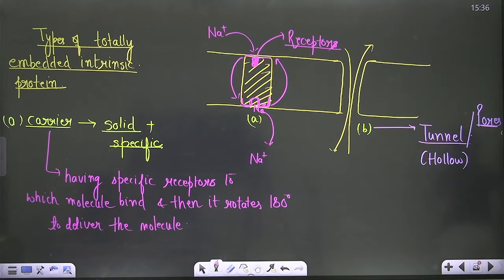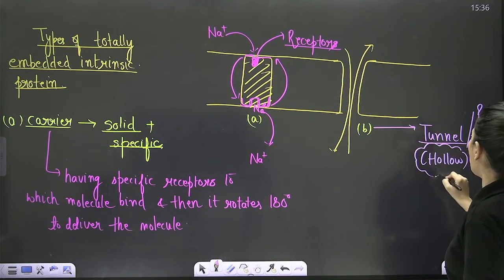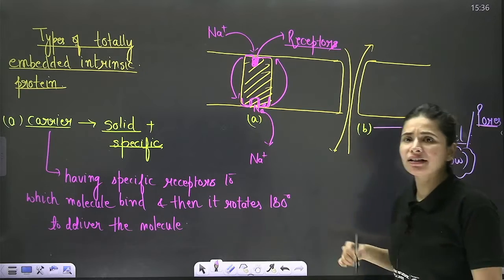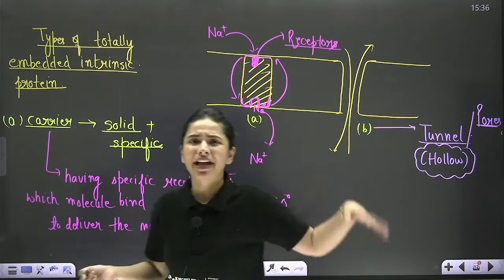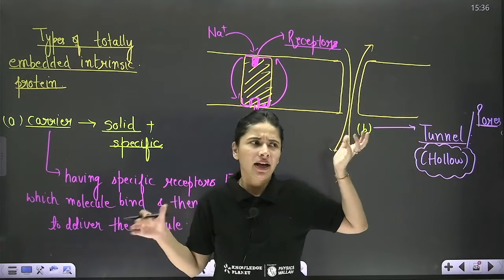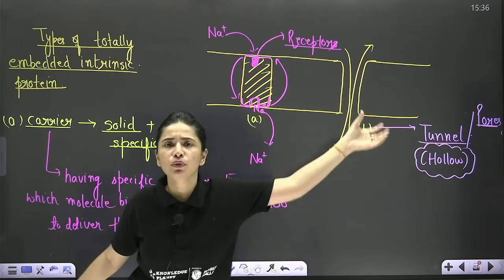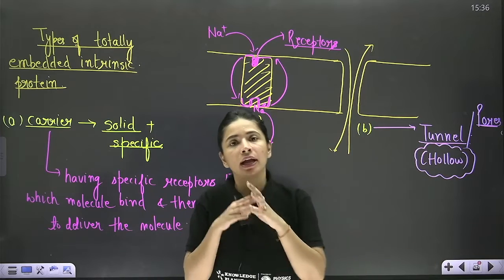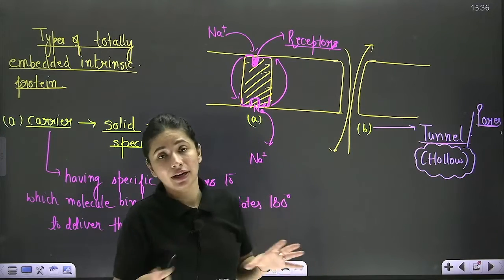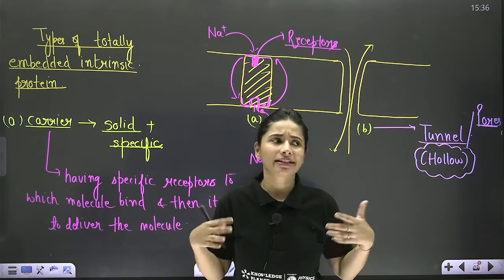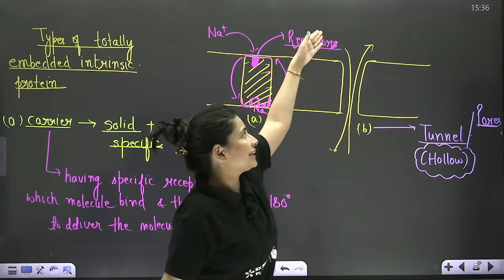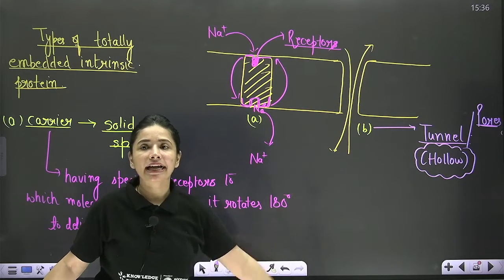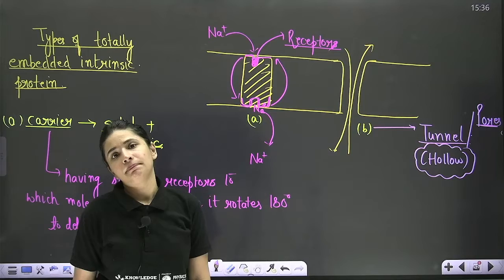These are also known as pores. Why? Because beta, they are hollow from inside. And since they are hollow, there's no need for them to move or to change their location. They're simply hollow from inside, and through them material can directly pass.